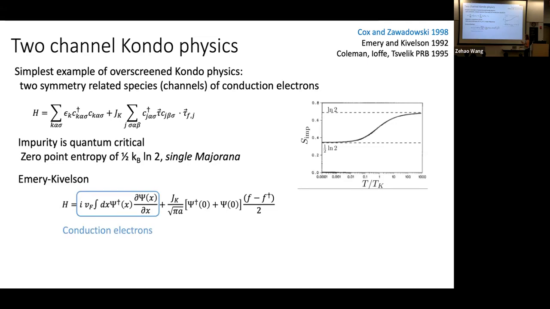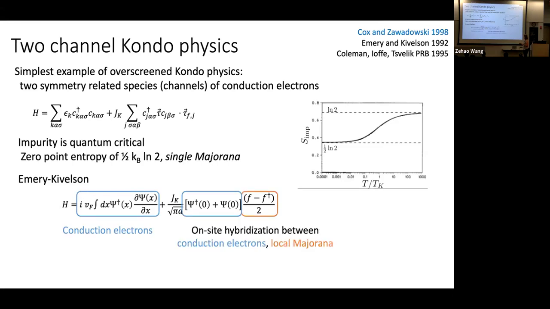These F's are emergent fermions that are coming from the impurity site. And so you get essentially a conduction electron dispersion, which is linear here, and then a hybridization between your conduction electrons and your local Majoranas. They went through, bosonized this, and then refermionized it to get this picture. And these are Majoranas just because they are these linear combinations of real fermions.